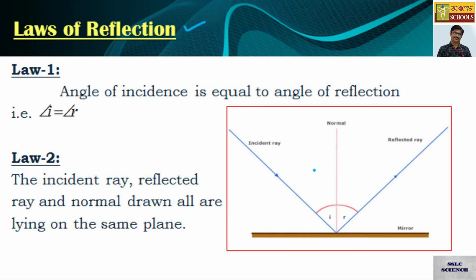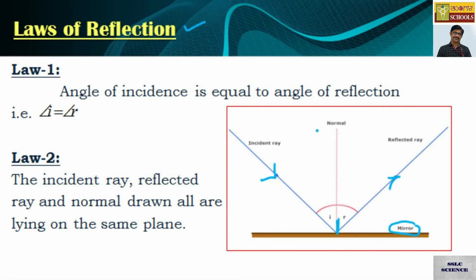With respect to this figure, this is the incident ray, and this is the normal drawn to the planar surface, that is the mirror, and this is the reflected ray.